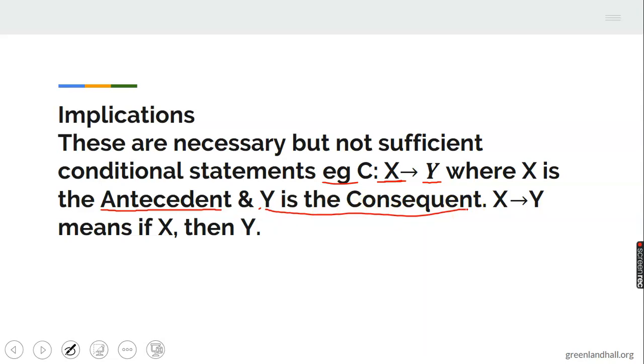X implies Y. Come again. X is the antecedent. Y is the consequence. X implies Y means if X, then Y. Statement: if X, then Y. It's another way of writing implication.